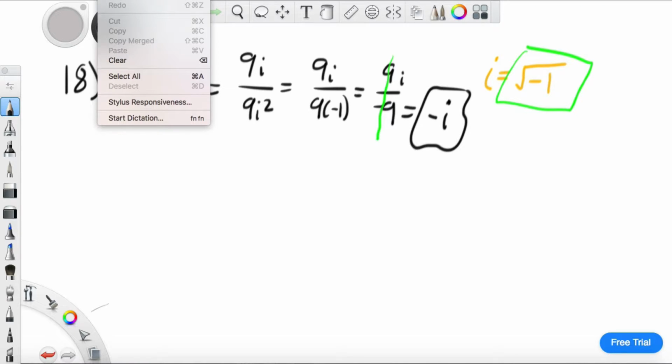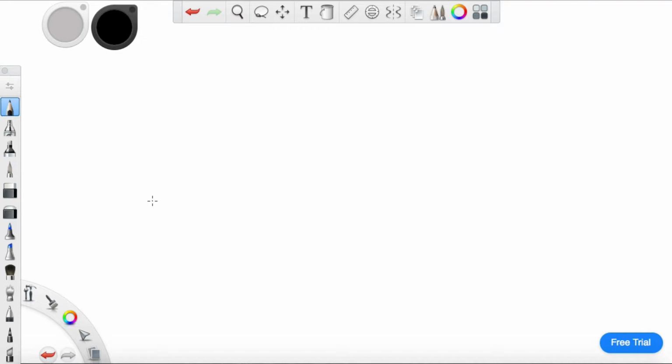So let's take a look at number 20. Okay, I've got 10i over -10 minus 2i. So I'm going to multiply both the top and the bottom by the complex conjugate of this. Remember, we're trying for that thing where we have a minus b times a plus b equals a squared minus b squared.